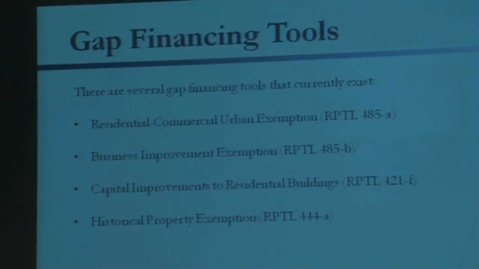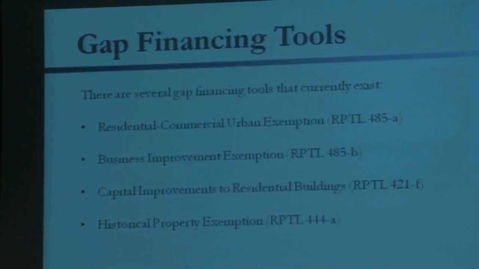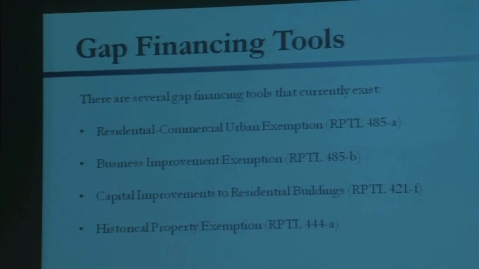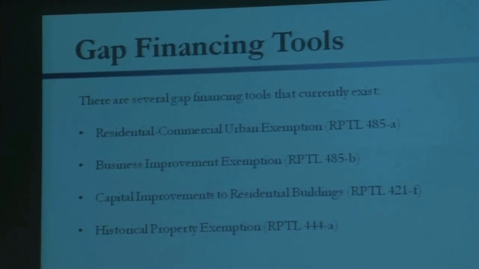The point is there are gap financing tools we have on the books that the city has recognized, and the county has recognized, and the school district has recognized, to help soften the blow of the growth of assessed value due to investment. Real quickly, these two have to do with commercial properties. The 485A is something you adopted in 2010.